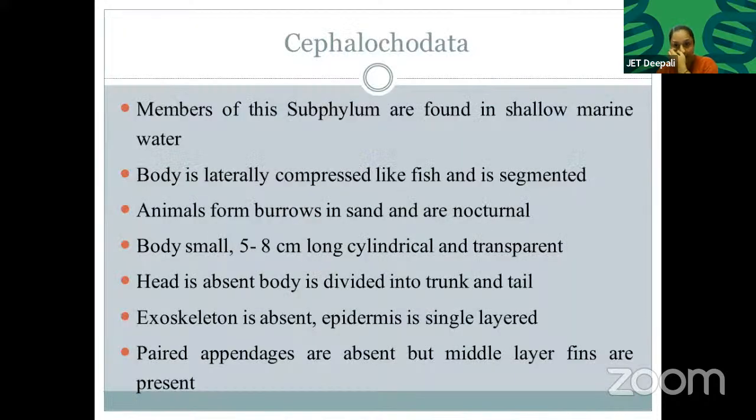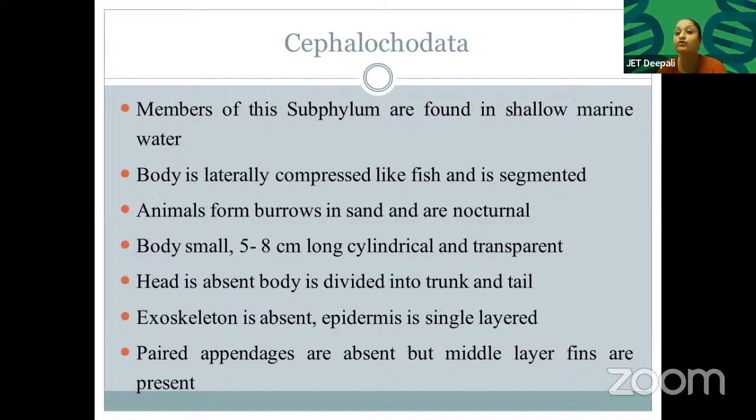Now coming to the last part of Protochordata, subphylum Cephalochordata. Members of this subphylum are found in shallow marine water. Means they do not reside in deep water, but shallow. Body is laterally compressed like a fish and is segmented. Animals form burrows in sand.